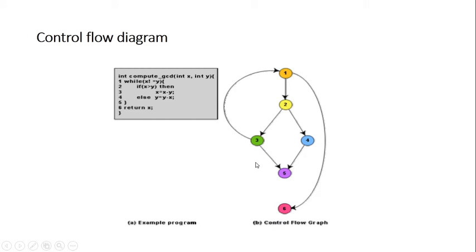Now you have to make the connections. So you have to check where the control is moving. In the first statement, that is while, if x is not equal to y, control is moving to statement number 2. Else it is moving to the 6th statement directly. You have to return x. Once you're at the second statement, then you check if x is greater. If it is greater, the third statement will be executed.